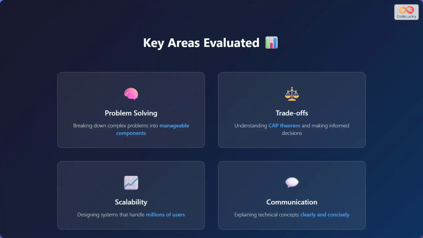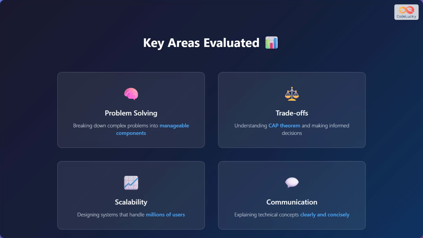During a system design interview, interviewers evaluate candidates on several key areas. Problem solving, breaking down complex problems into manageable components, is important. This involves understanding the problem statement, identifying the core requirements, and proposing a solution.